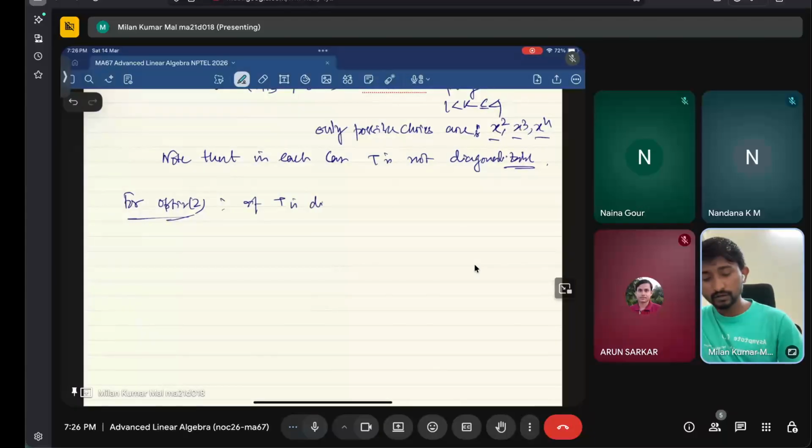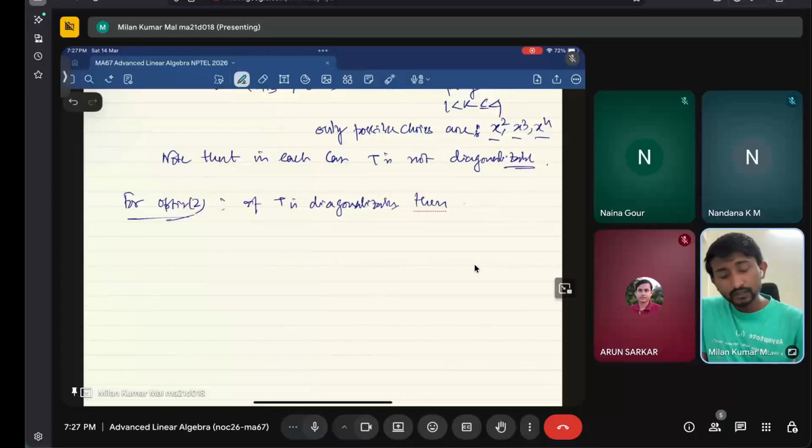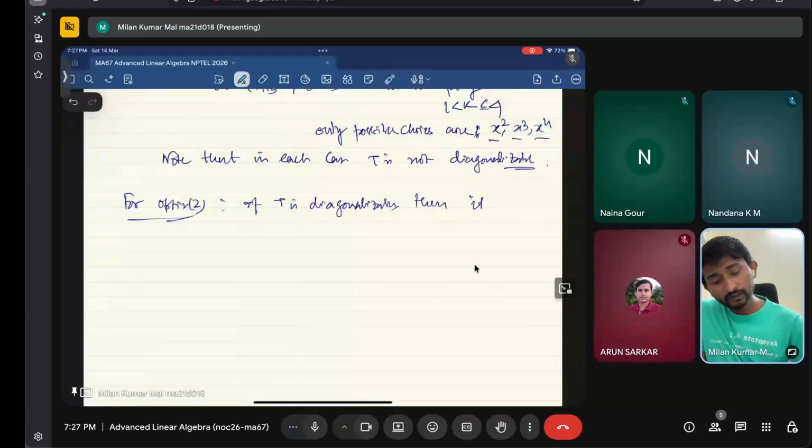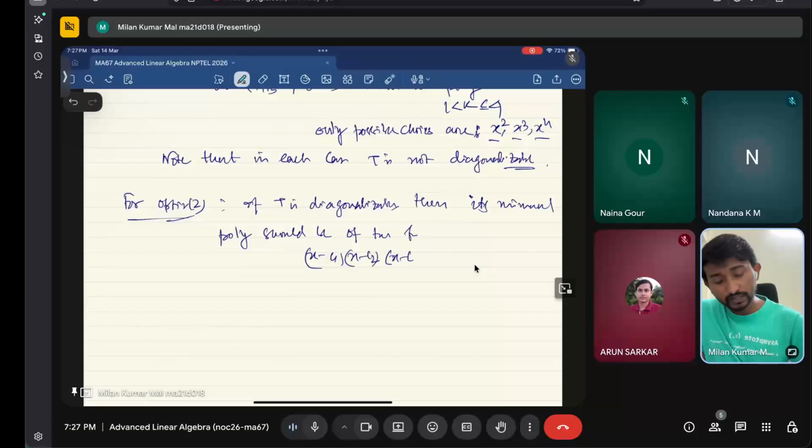If T is diagonalizable, then its minimal polynomial should be of the form x minus c1, x minus c2, all the way to x minus ck, for k equals 1, 2, 3, for any of the options.